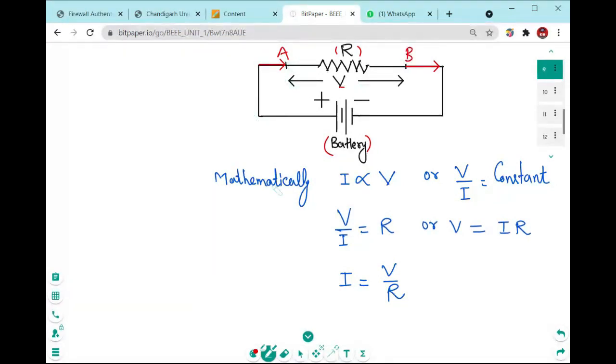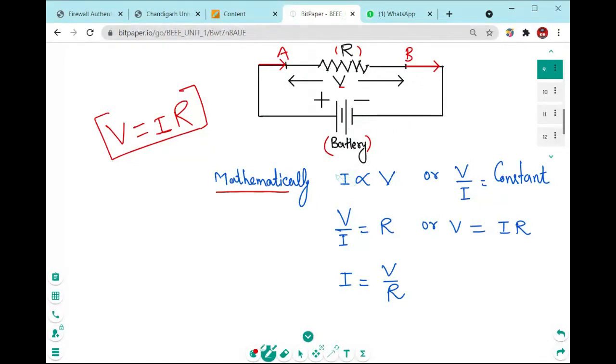Voltage is V. So mathematically, how can you prove this Ohm's law? Generally, Ohm's law represents V is equal to I into R. So how is this V is equal to I into R achieved? As you can see in the circuit, here we will provide some voltage. When you provide some voltage, current will flow from the positive to the negative direction.